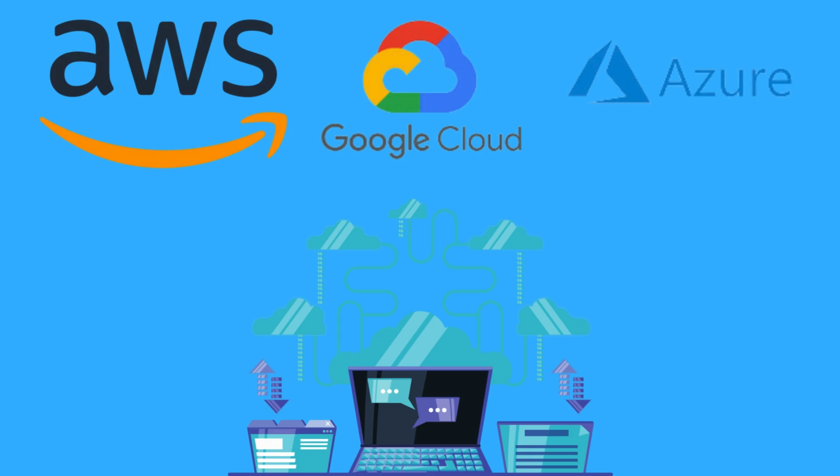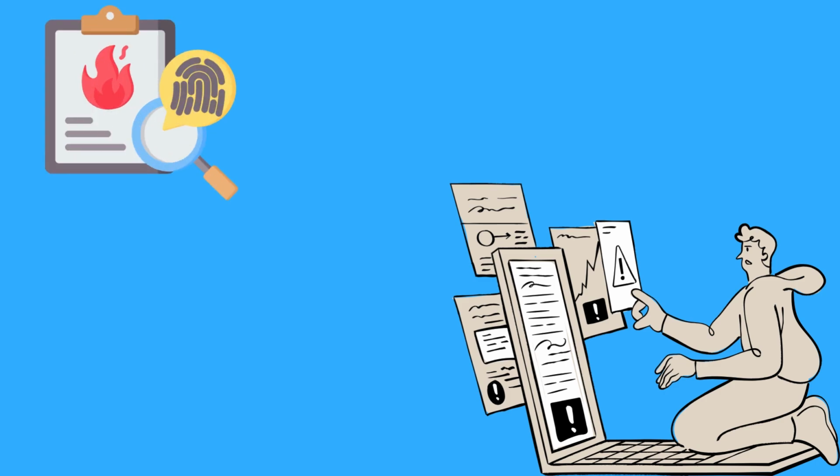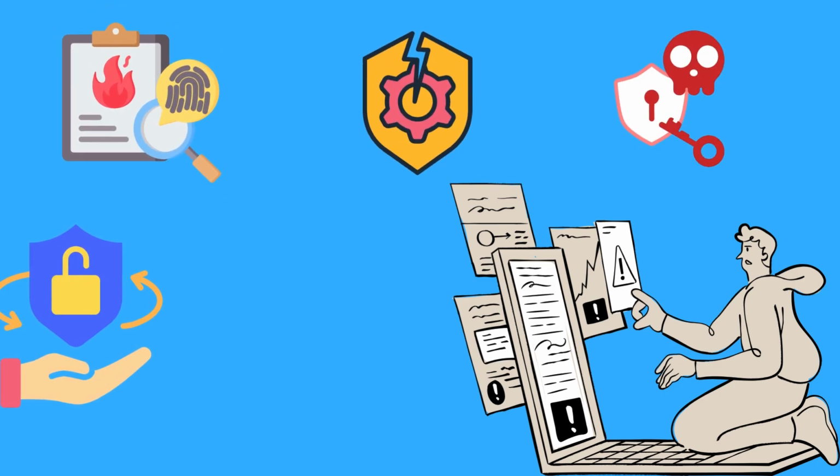Cloud providers like AWS, Google Cloud, and Azure rely heavily on virtualization to offer scalable resources on demand to users. This allows you to rent computing power without needing to own the hardware. Number 3, security sandboxing. Security professionals use virtualization to test for vulnerabilities in a safe, isolated environment. If there is malware in a test, it can't affect the rest of the system.